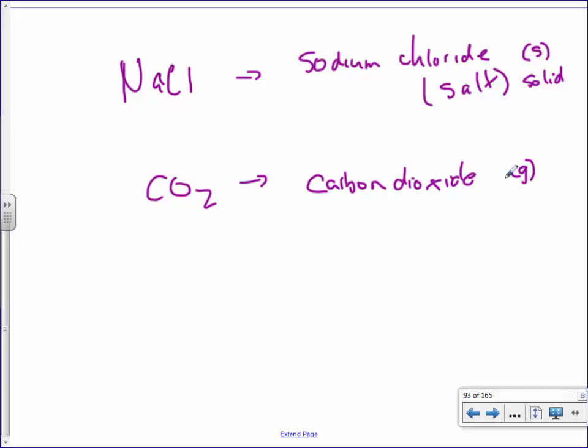So because of that, this thing usually has a fairly low melting point. So low that chances are carbon dioxide has already melted and is no longer a solid. Probably not even a liquid anymore. It's probably all the way into gas form because it has such a low melting point. This one here, molecular. This one, ionic. Does that make sense?